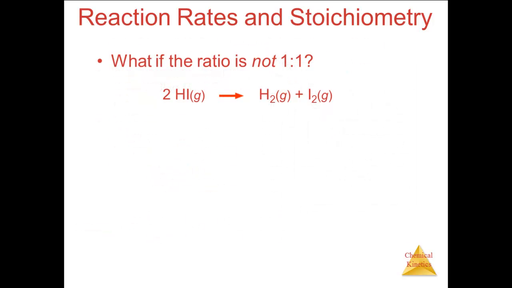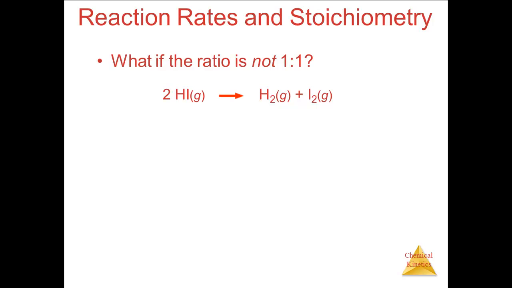What happens when the ratio is not 1-to-1, as in this reaction? Two molecules of HI react together to produce only one molecule of H2 and one molecule of I2. This means that the concentration of HI decreases twice as fast as the concentration of I2 increases.